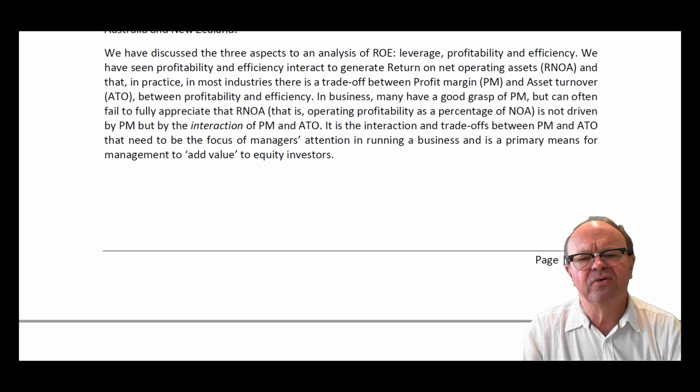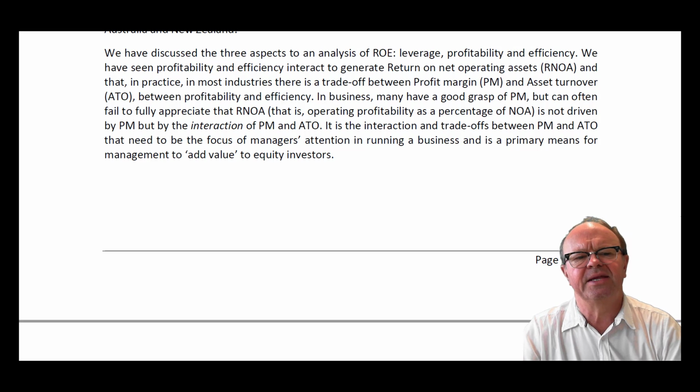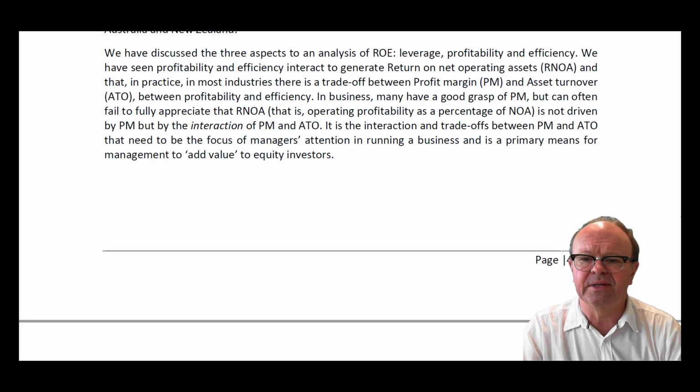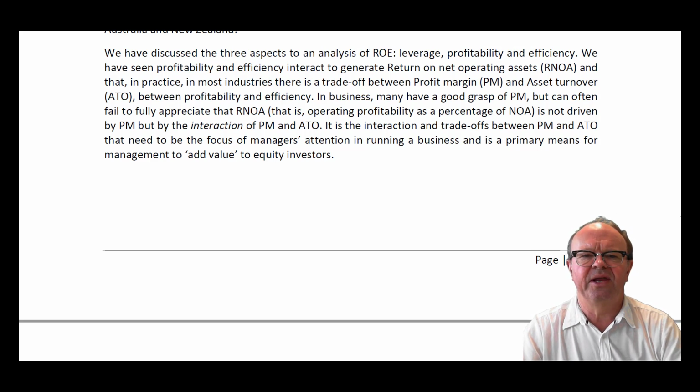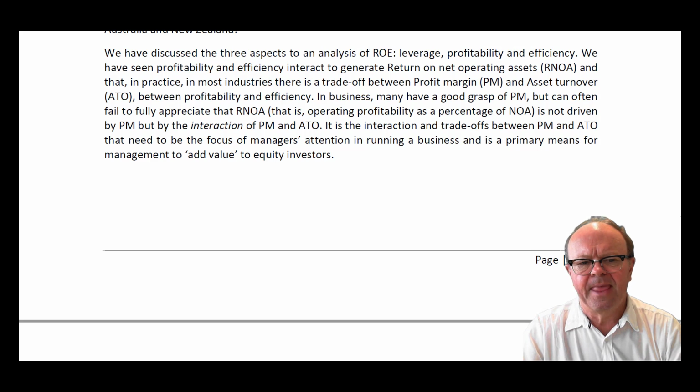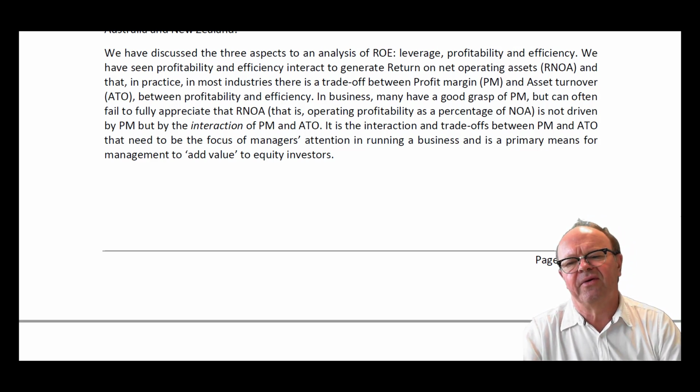In business, many have a good grasp of profit margin, but can often fail to fully appreciate that return on net operating assets, that is, operating profitability as a percentage of net operating assets, is not driven by profit margin, but by the interaction of profit margin and asset turnover.